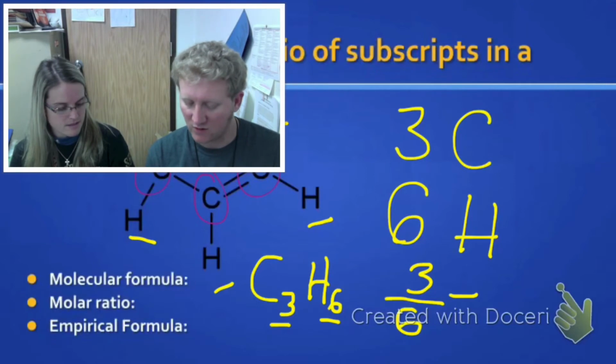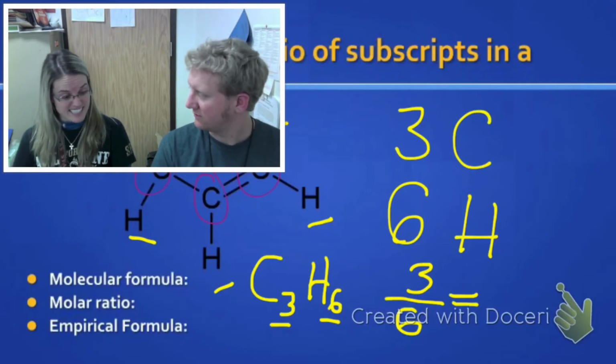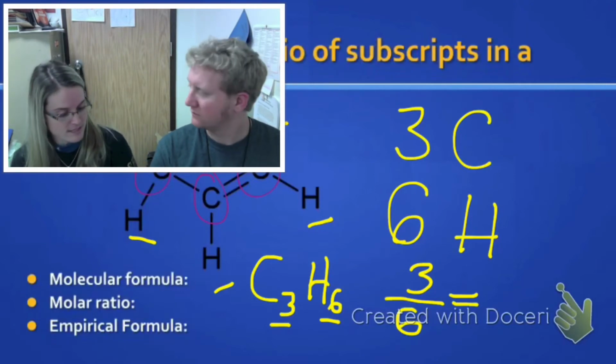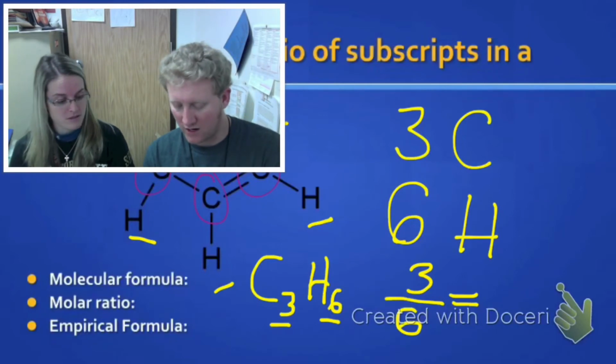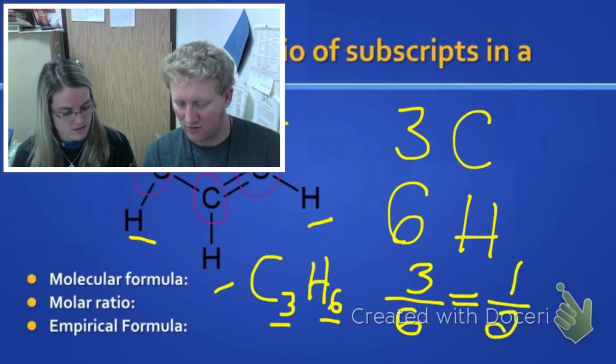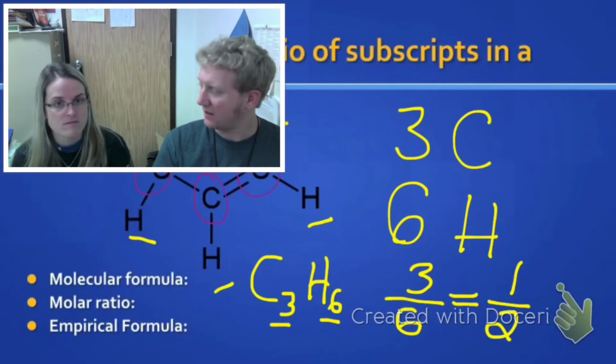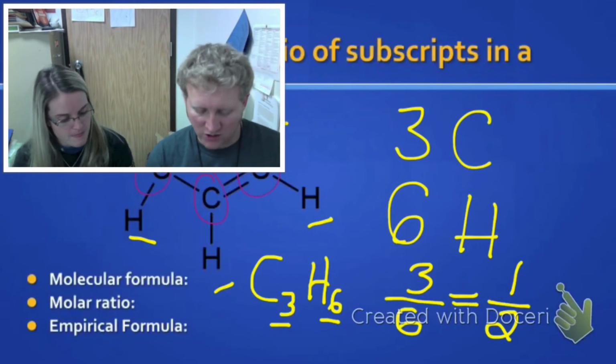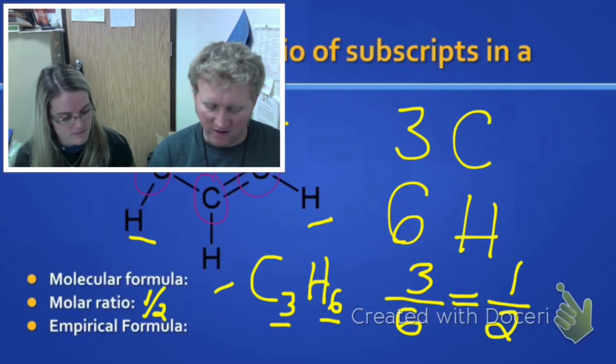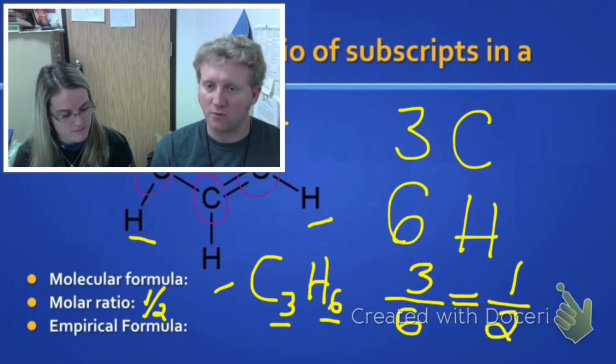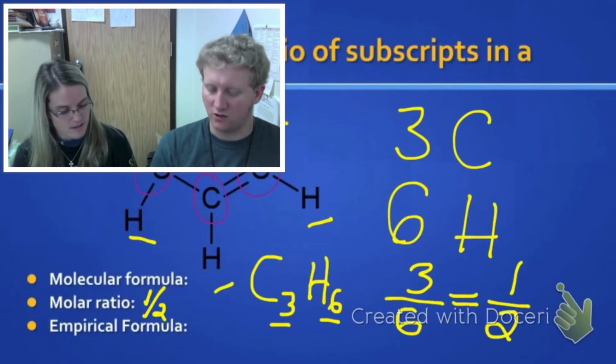Now, the empirical formula is the lowest molar ratio, so we want to look at that 3 over 6 and see, can we reduce it? If I divide each number by 3, I could reduce it down to 1 and 2, because 3 is half of 6. So the molar ratio would be 1/2, and then the empirical formula would be the lowest molar ratio.